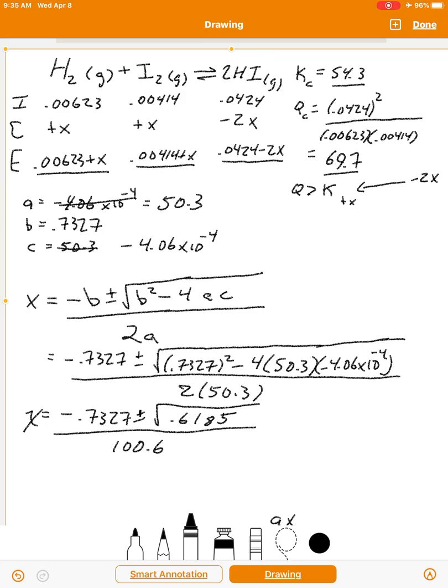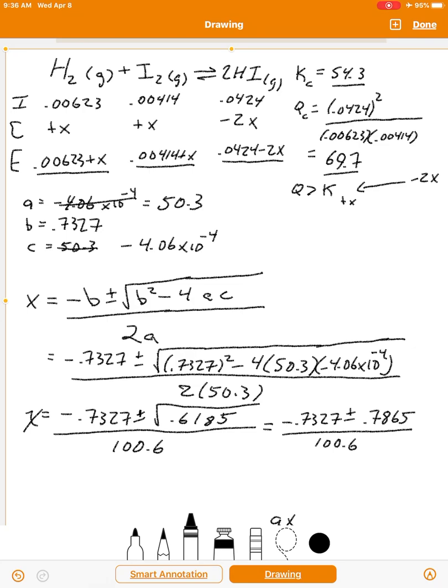Okay, so now the next step could be to just go ahead and evaluate that. What is the square root of 0.6185? So this would be minus 0.7327 plus or minus 0.7865 divided by 100.6.